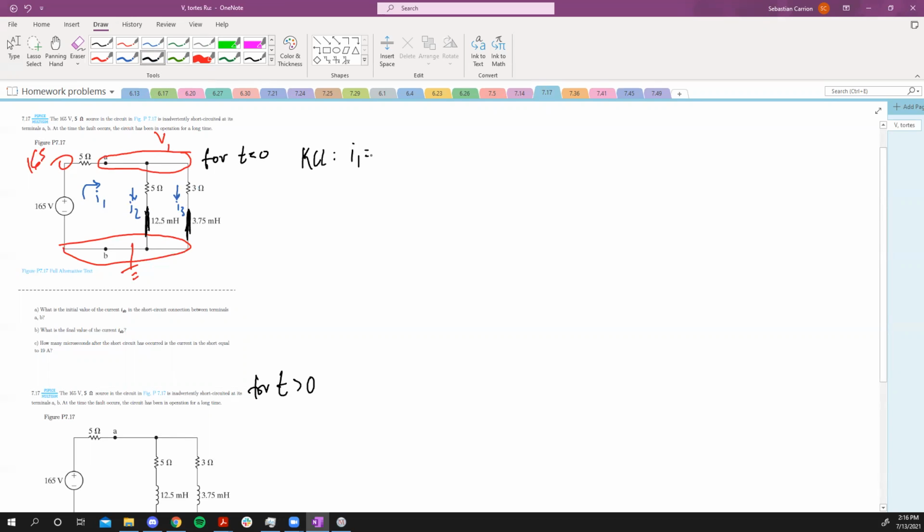KCL is I1 equals I2 plus I3. Equations for components: I1 equals (165 minus V1) over 5, I2 equals V1 over 5, I3 equals V1 over 3. And then we got 4 equations, 4 variables.